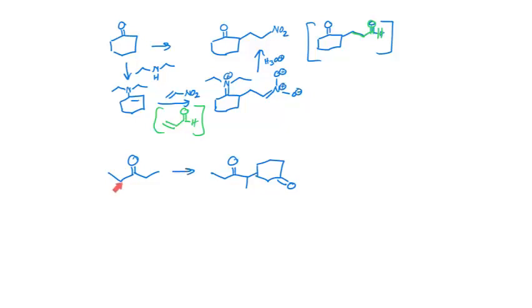So this is not a good candidate to simply deprotonate to the alpha carbon. I'm going to make this bond right here, and we can see that I'm set up to create an alpha beta unsaturated ketone as my electrophile here. So let's go ahead, make the enamine after we recognize that this would create a not very reactive enolate.